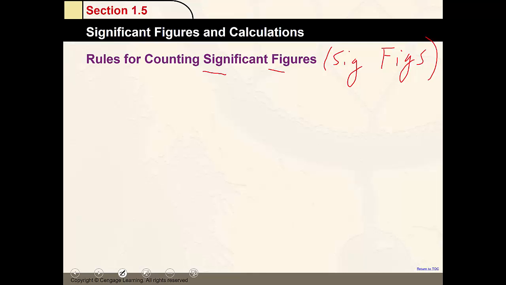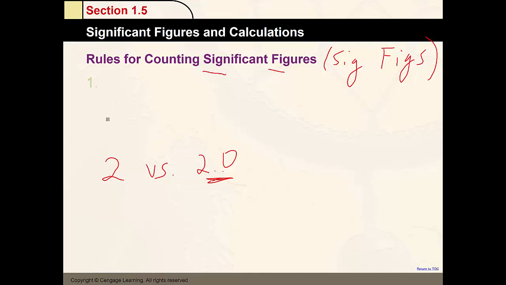Remember, we already talked about how saying 2 centimeters versus 2.0 centimeters means something different. The 2.0 is more precise than saying just 2 centimeters.